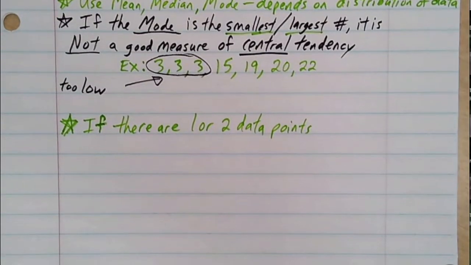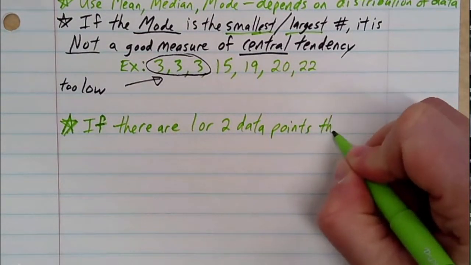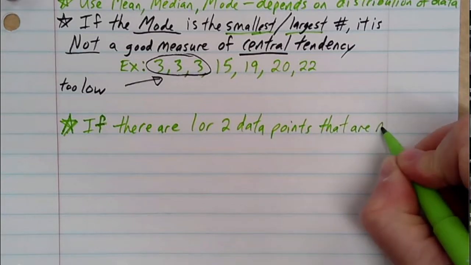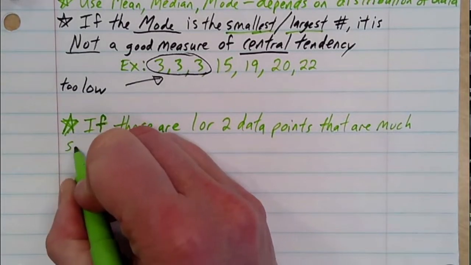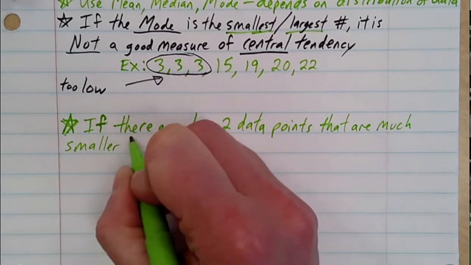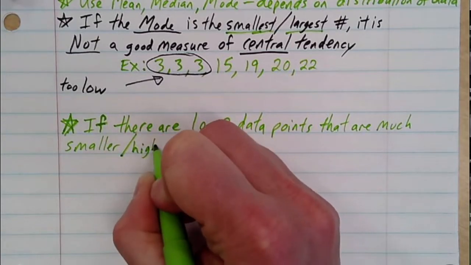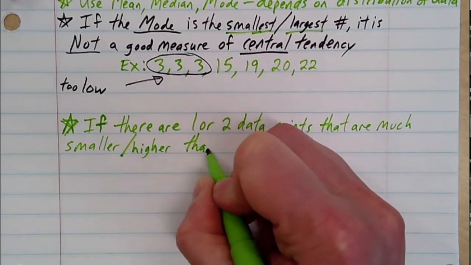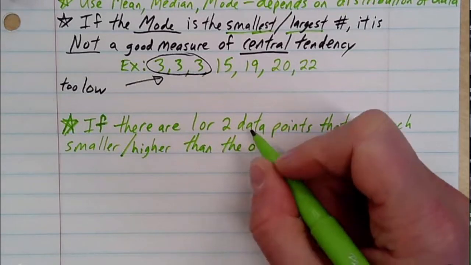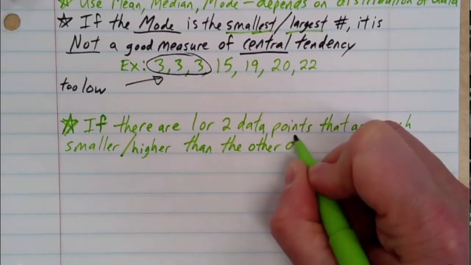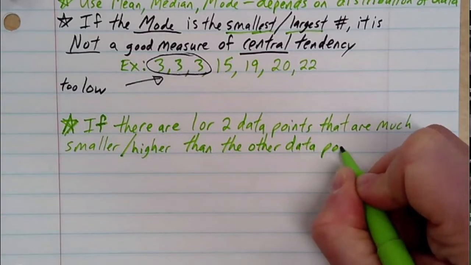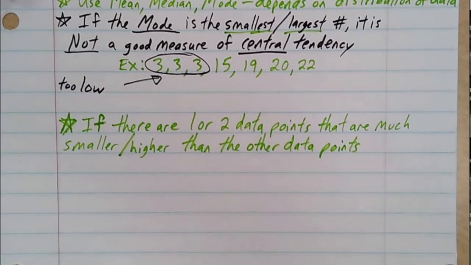If there are 1 or 2 data points that are much smaller or higher than the other data points, in other words, we call them outliers.